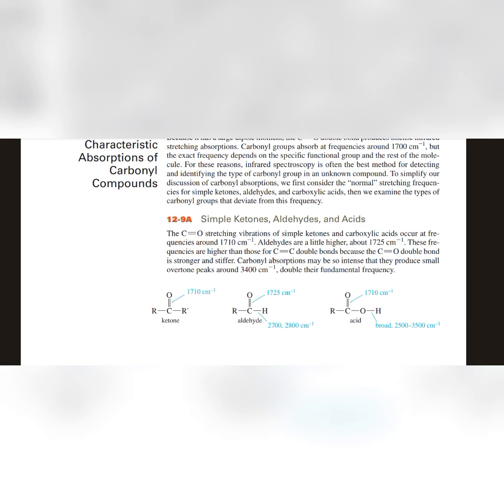The carbon-oxygen stretching vibration of simple ketone or carboxylic acid occurs at around 1710 cm⁻¹. Aldehyde is a little higher, at 1725 cm⁻¹. The frequencies are higher than those of carbon-carbon double bonds because the carbon-oxygen double bond is stronger and stiffer. Carbonyl absorption may be so intense that it produces a small overtone peak around 3400 cm⁻¹, double the fundamental frequency.